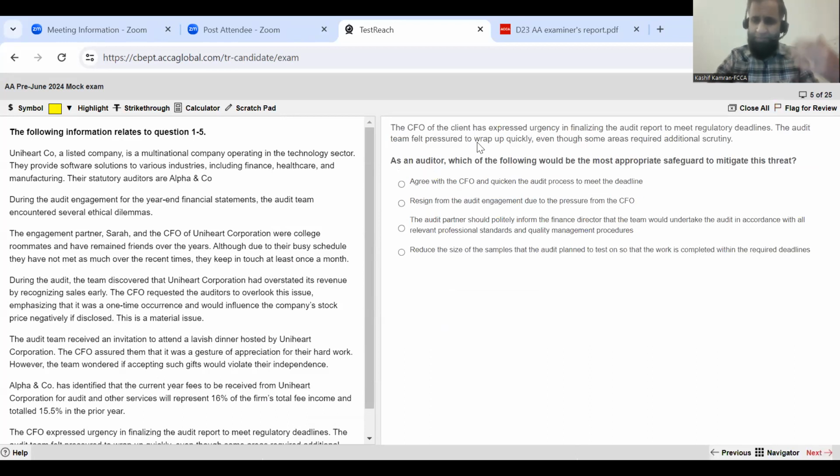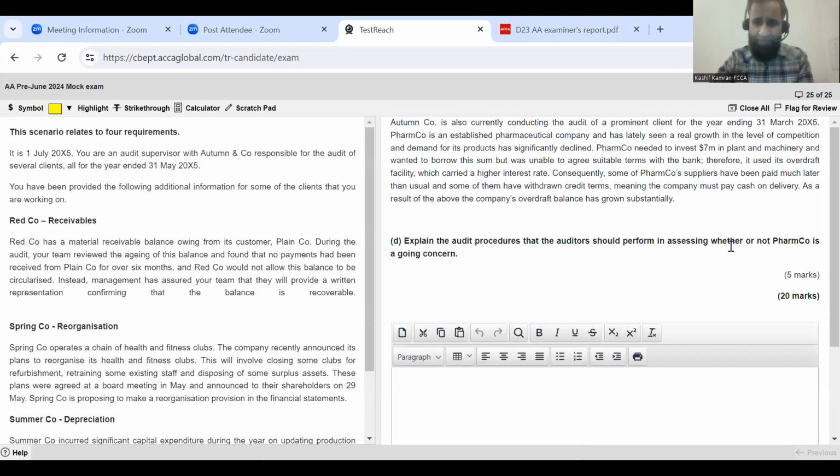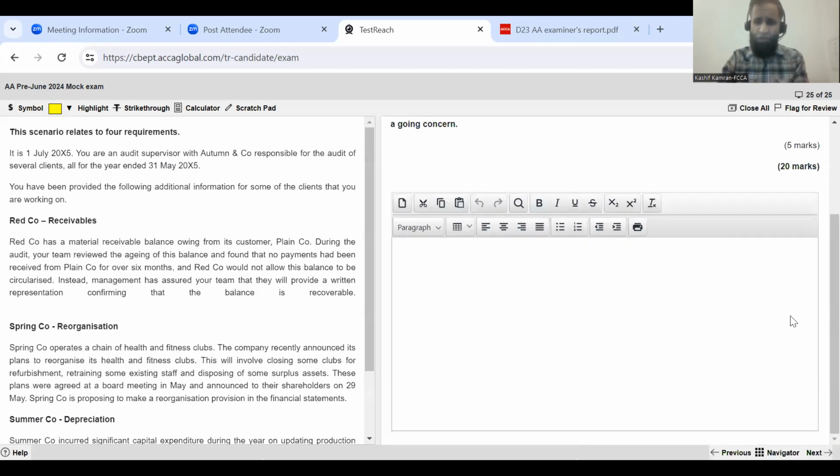And then I move to the next and next and next, and I finish off the paper. In the last 10 minutes of the paper, when I was doing my last paper, at the last question, number 25, something like this, I finished my last question and I checked my clock. I have 7 more minutes to go.